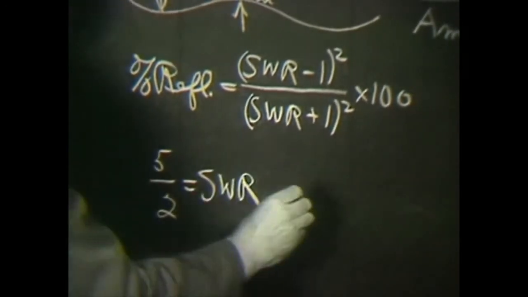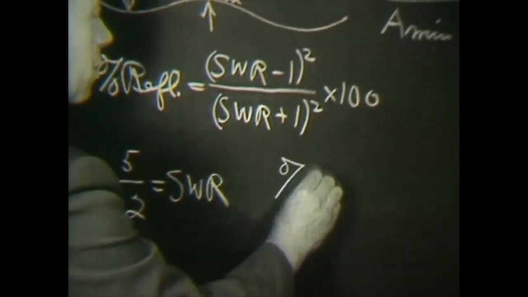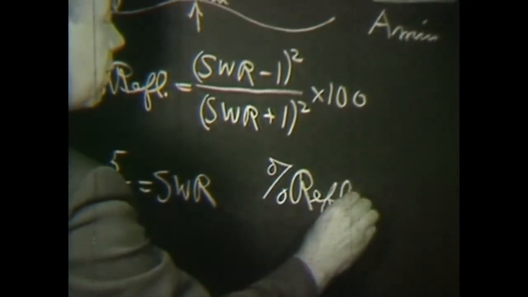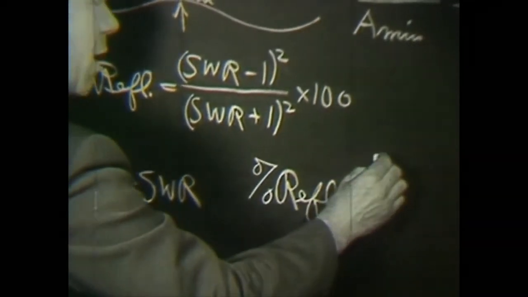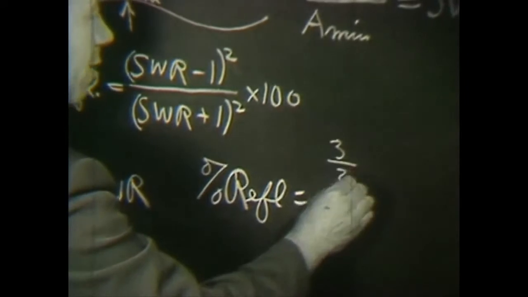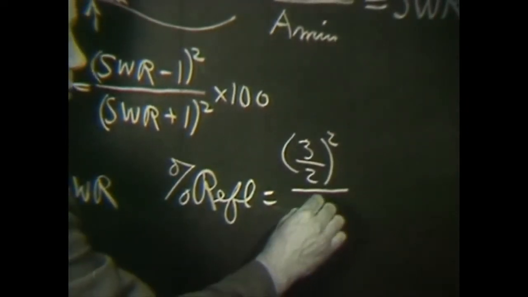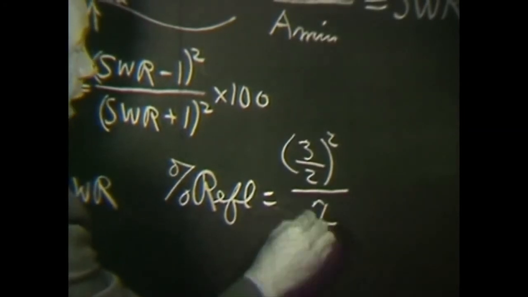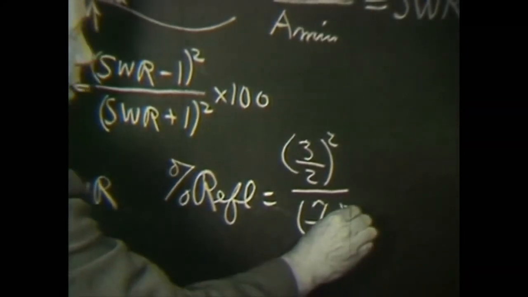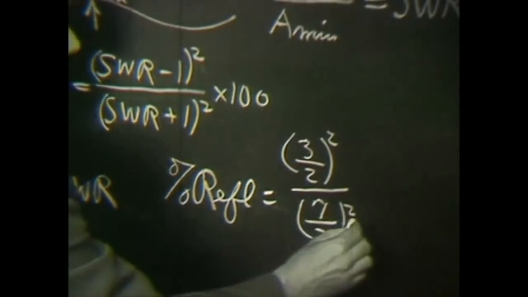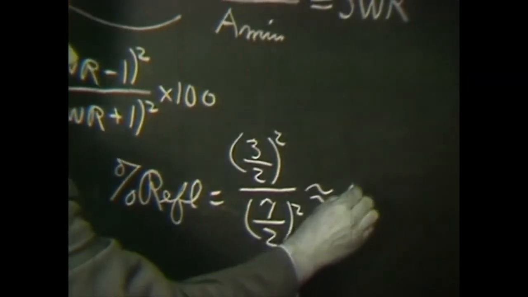Substituting in the percent reflection formula, we obtain percent reflection is equal to 5/2 minus 1, which is 3/2 squared, divided by 5/2 plus 1, which is 7/2 squared, which gives us 9/49, or about 18%.